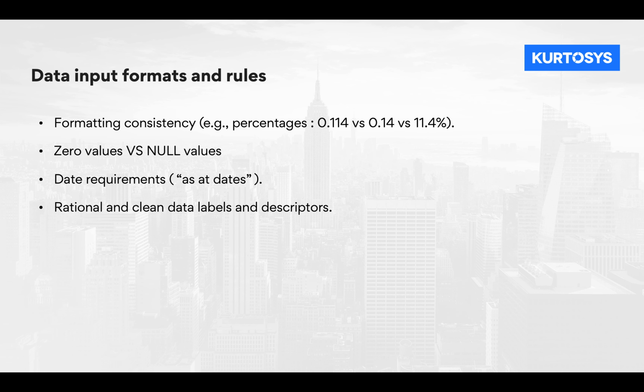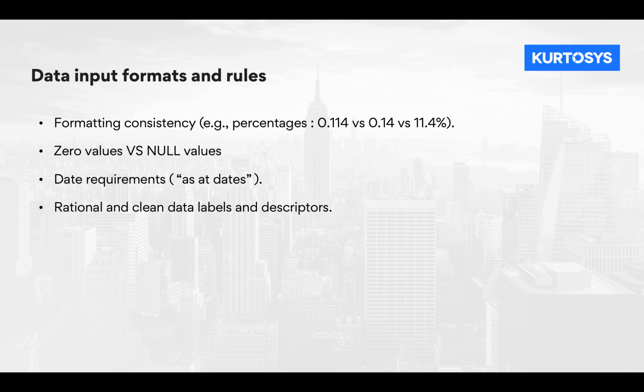So we will do a global formatting to make sure that these values have the percentage sign attached to it. However, we want to make sure that when we receive it, they are all in the same format. So if the customer is sending 11.4% for one data property, we need to make sure that something percent is received for the other properties as well.